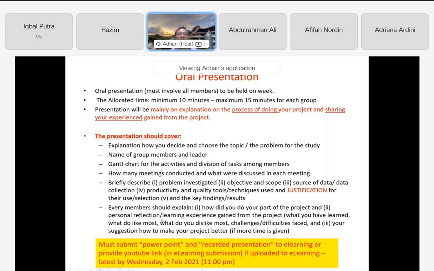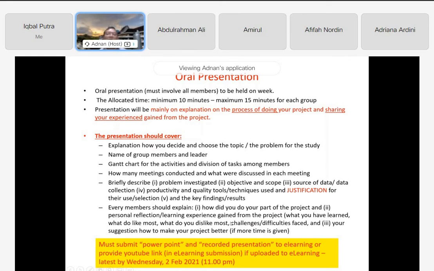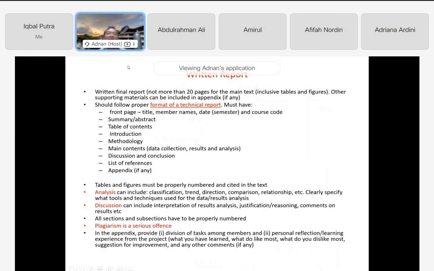Include your personal reflection and experience. We do not want you to just read textbook material. We want you to explain what your contribution to the project was. The PowerPoint can cover the contents of your project, but your explanation should be more about how you did it. Since I am giving you a discount, the written report is basically optional.